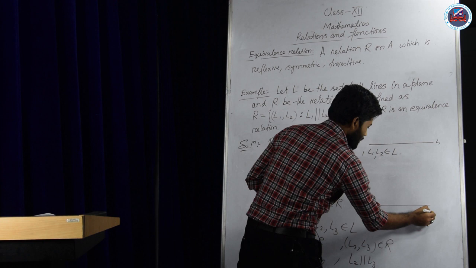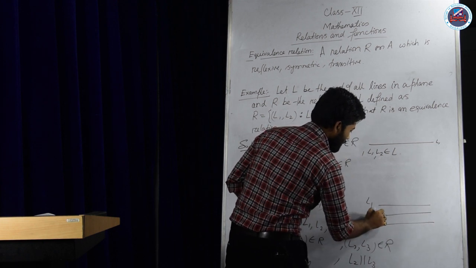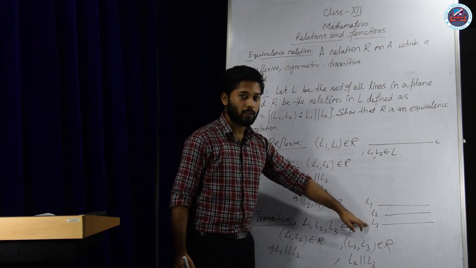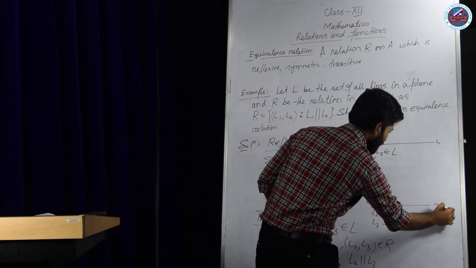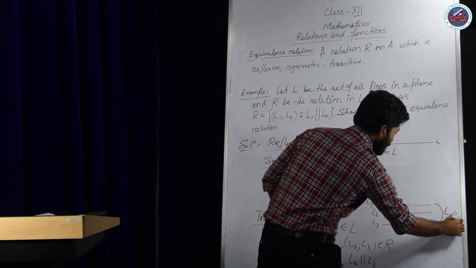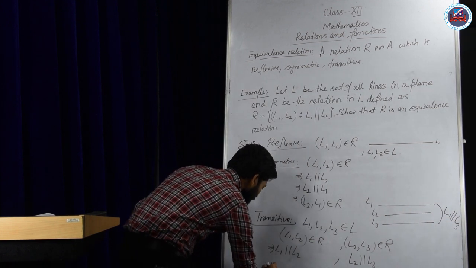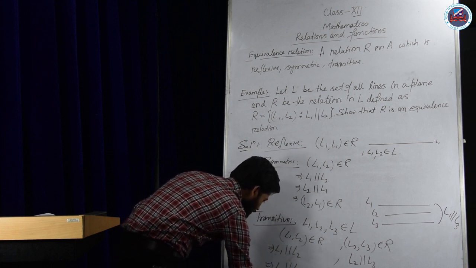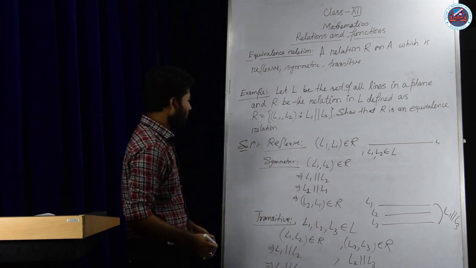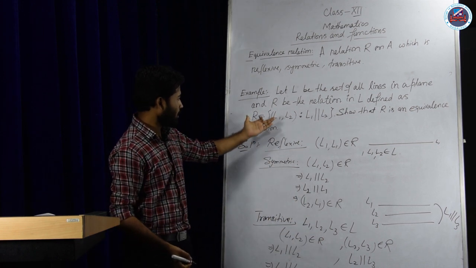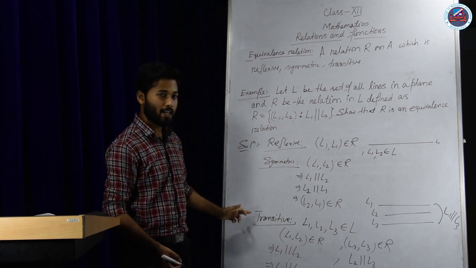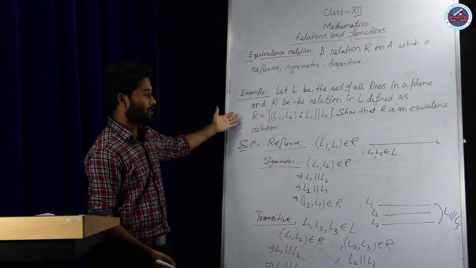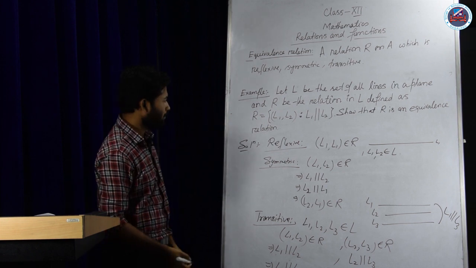Now if I draw three lines, suppose this is L1, this is L2 and this is L3. L1 is parallel to L2 and L2 is parallel to L3. So from there we can easily write that L1 is parallel to L3, and hence (L1, L3) belongs to R. So we have shown that this particular relation is reflexive, symmetric as well as transitive, and hence we can say that this is an equivalence relation. Okay, fine.